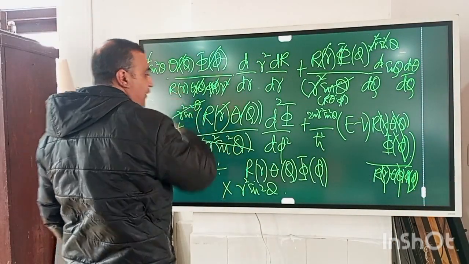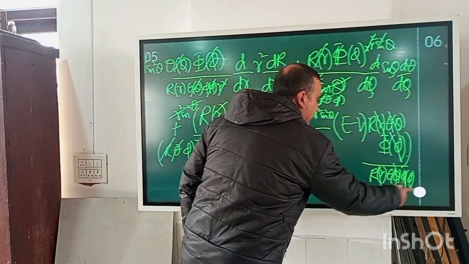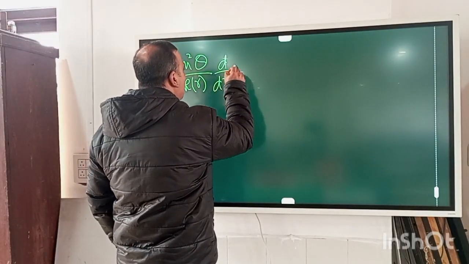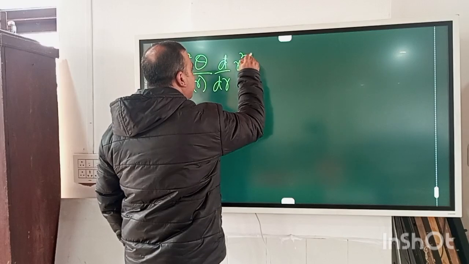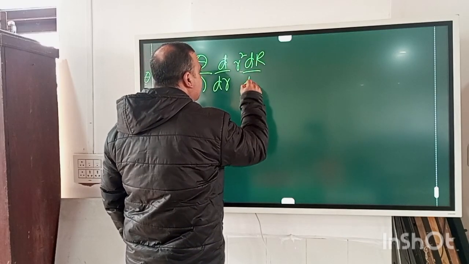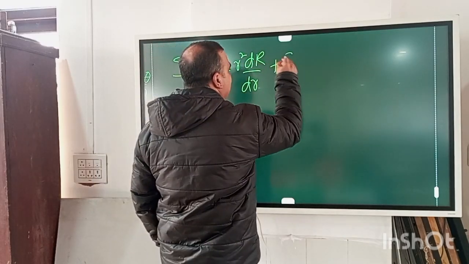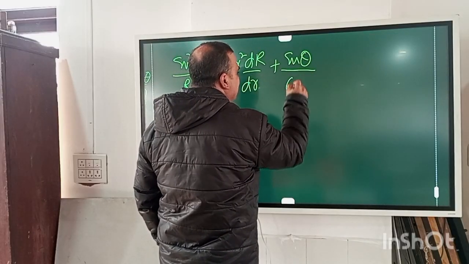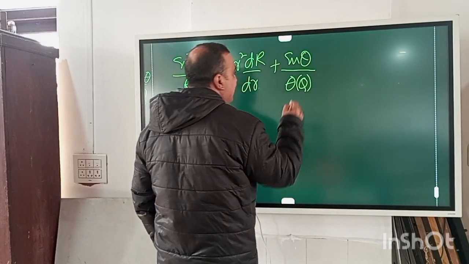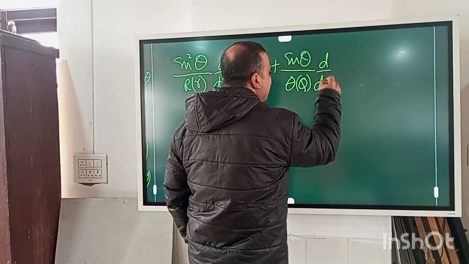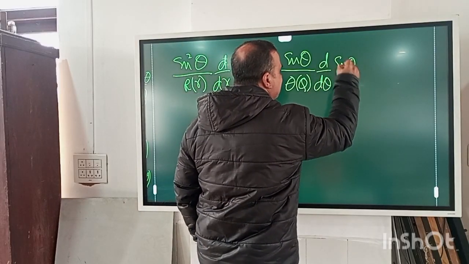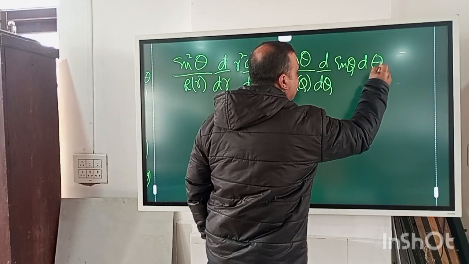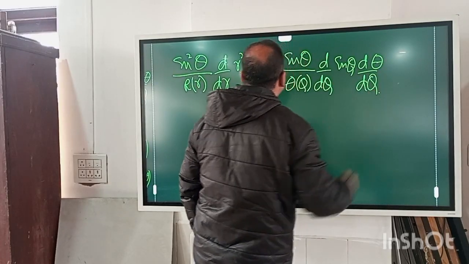Yeah, r of r. And then you will have d by dr of r square dr by dr, and then plus, it was probably sine theta alone, divided by theta of theta, and then you have d by d theta of sine theta d theta by d theta.